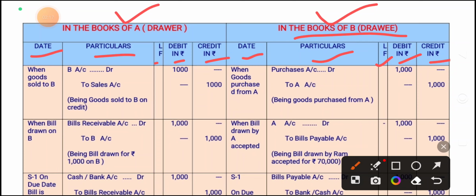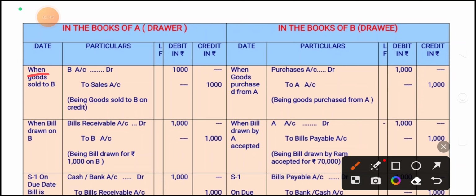So when goods are sold to B, A has sold some goods to B. In the books of A, the general entry will be: B's account debit to sales account, being goods sold to B on credit, debit 1000 rupees, credit 1000 rupees.